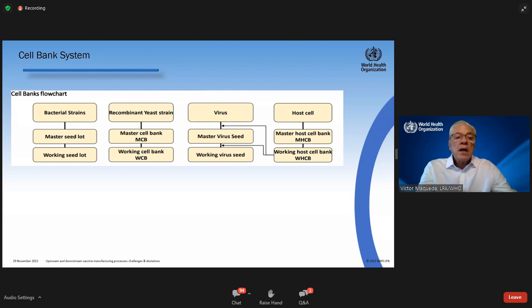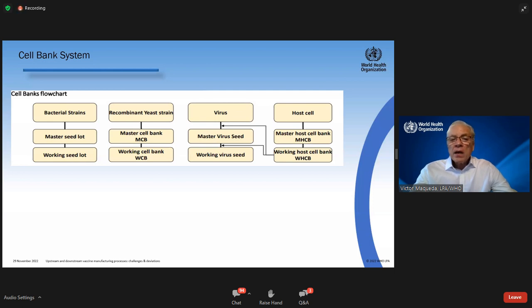This is just a cell bank flowchart to show the complexity that this could have. Here we are showing, from left to right, the bacterial strains that would have the master seed lot and the working seed lot. We use the term seed in the case of bacterial banks.